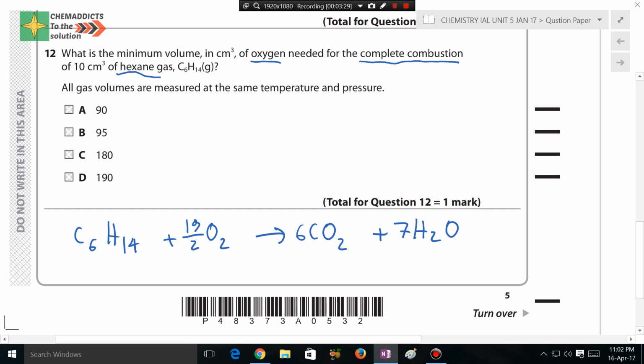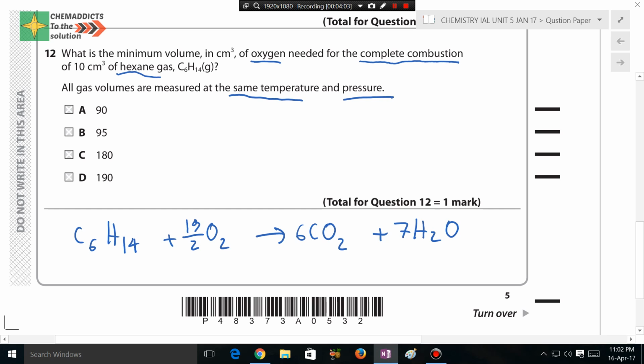Okay, so now let's solve the problem. It says 10 cm cube of hexane gas. Since all gas volumes are measured at the same temperature and pressure, we are dealing with the same conditions, so we just use mole ratio.